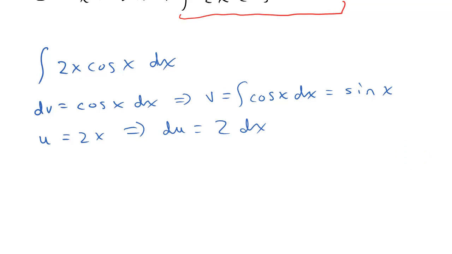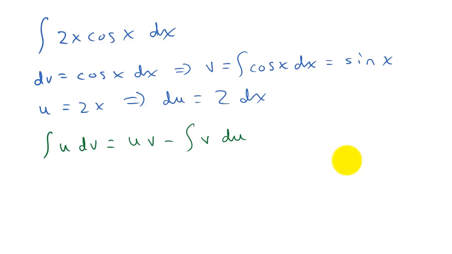Alright, so let's write our formula down. So I get the integral of u dv is equal to u times v minus the integral of v du. Alright, so let's plug everything in.